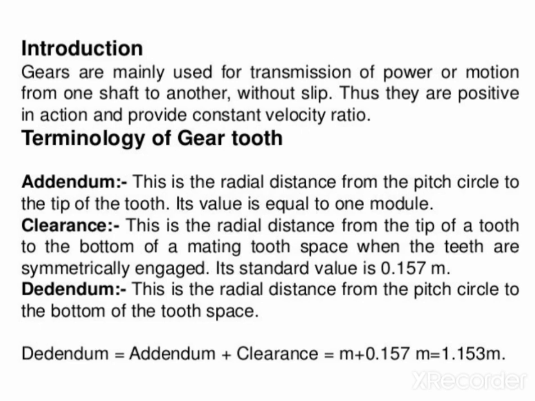So gears are mainly used for transmission of power or motion from one shaft to another shaft without slip. Thus they are positive in action and they give us constant velocity. Generally the transmission efficiency of any gear is 99%.